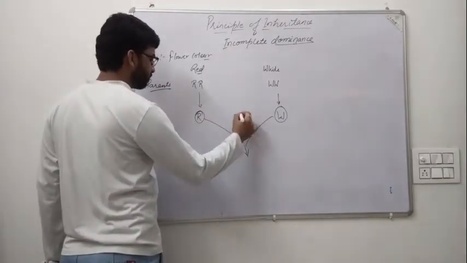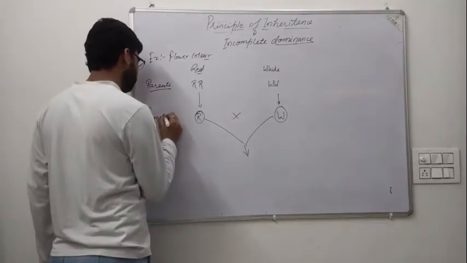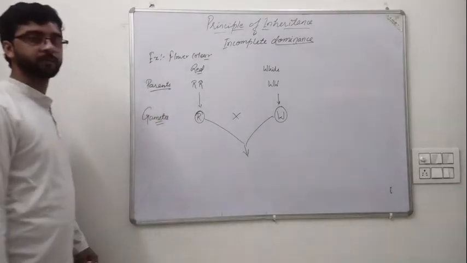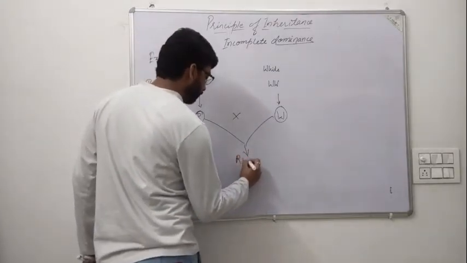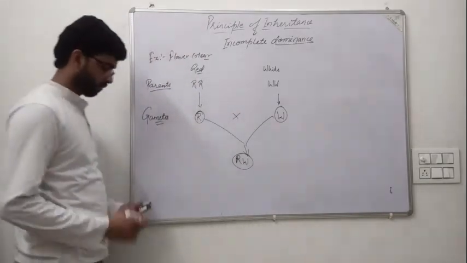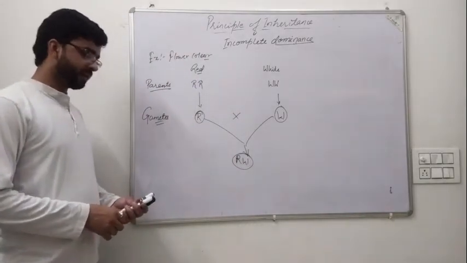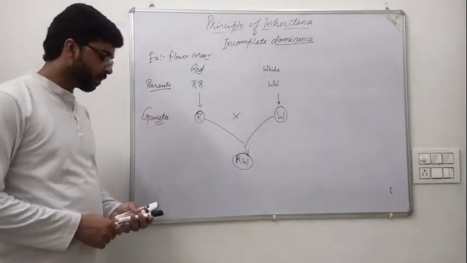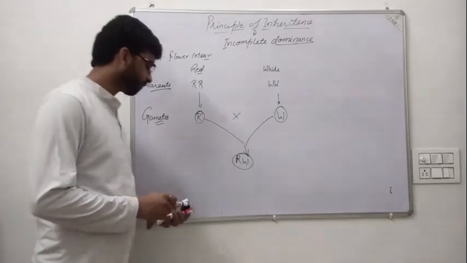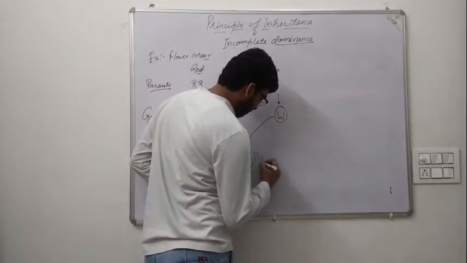Give a cross with these gametes, then the generation is RW. According to Mendel's law of dominance, it should be like one of the parents, but it's pink in color.